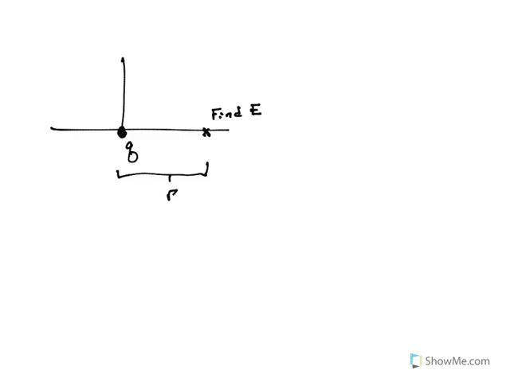Okay. Well, how do we do it? Well, if you remember, electric field is 1 over 4 pi epsilon naught, Q, the little charge that's creating the electric field, over r squared, where r is the distance from the charge creating the electric field to where we're measuring the electric field.